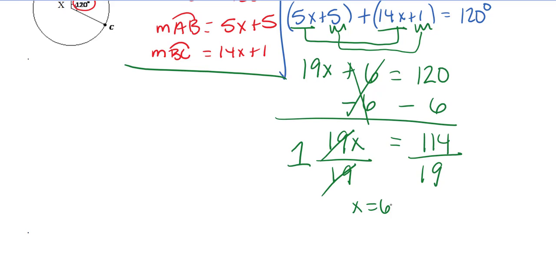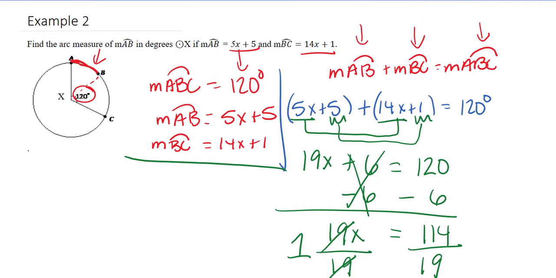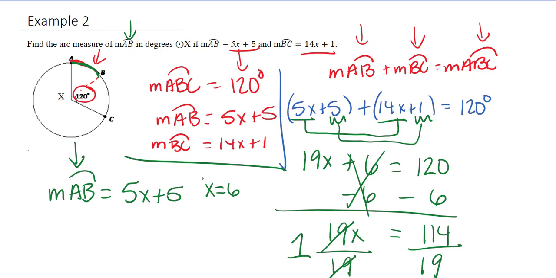So if x is equal to 6, now if we go back, what we're looking for is the arc measure of AB. So what do we know about the arc measure of AB, which is equal to 5x plus 5? This is what we're looking for. But now we know x is equal to 6. So we plug that in.